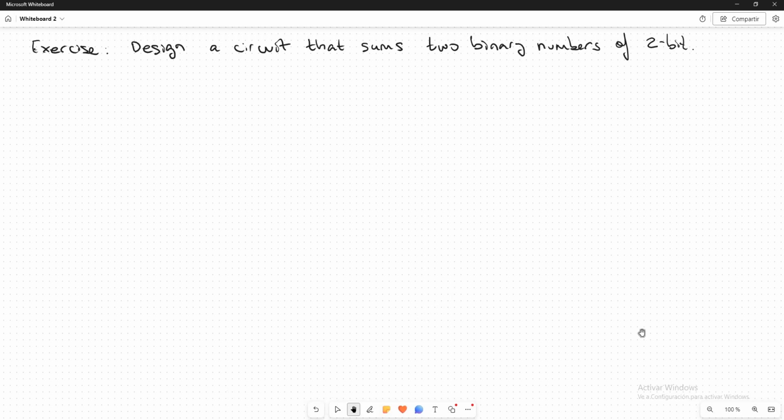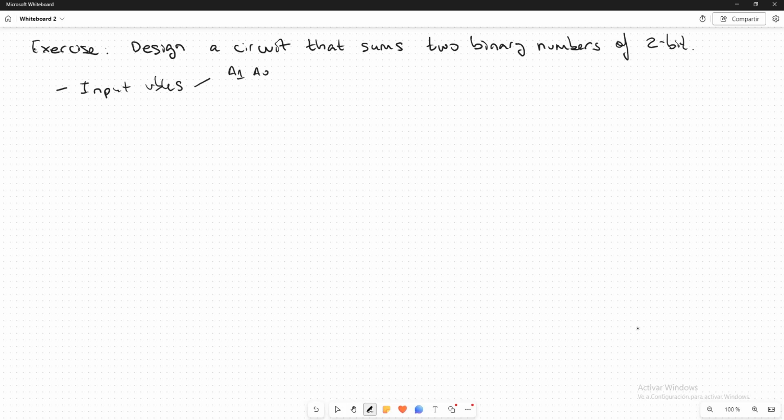We are going to have a sum of two numbers, and these two numbers are 2 bits long. So the input variables of our system are two numbers that have 2 bits.